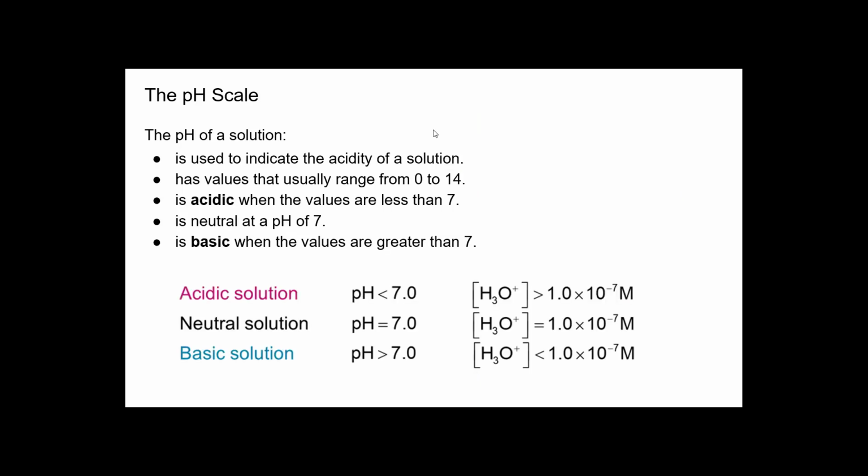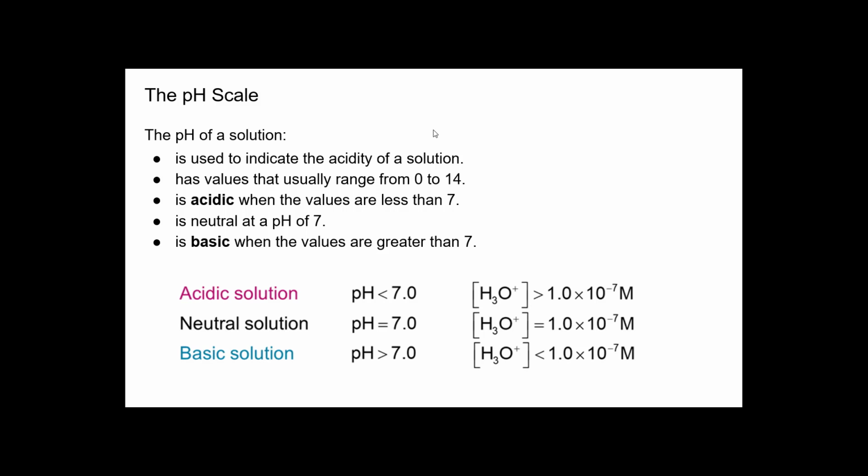So the pH scale is used to indicate the acidity of a solution. What's the pH of this? If it's below 7, it's acidic. It could be very strongly acidic or slightly acidic. If it's 7, then it's neutral. And if it's above 7, larger than 7, then it's considered basic, all the way to strongly basic.